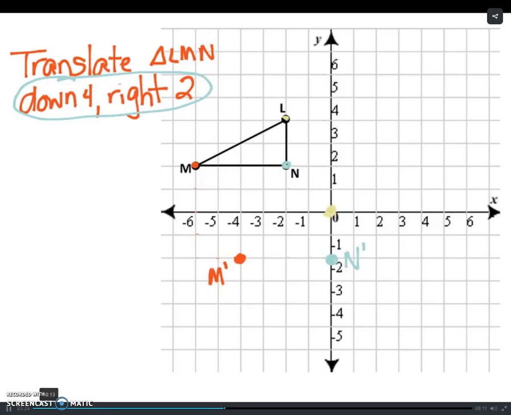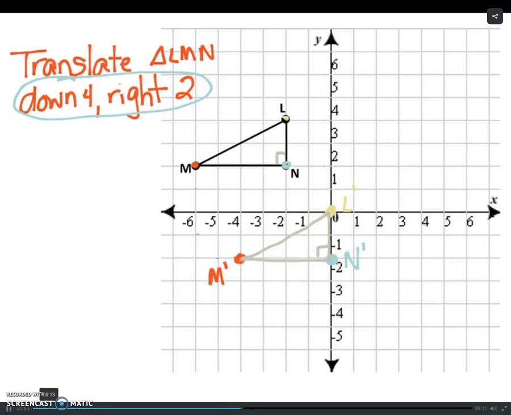And this would be my new coordinate for L, for L prime. And so then we would go ahead and we would connect each of our coordinates. Right? And you're going to notice this was a right triangle up here. This is a right triangle that we've created. All we did was take that figure and slide it over.